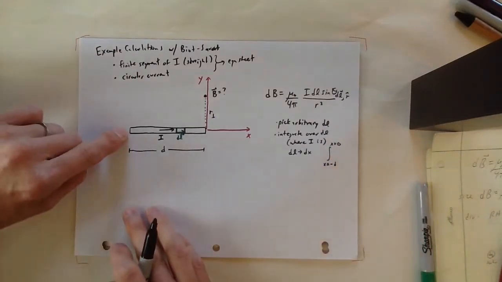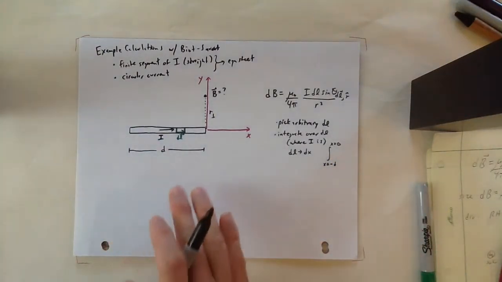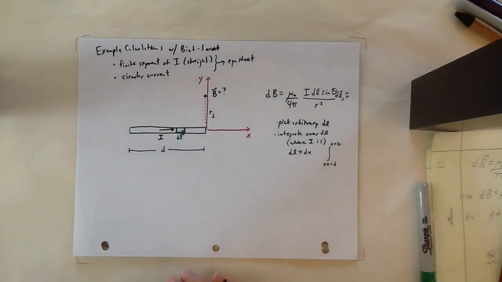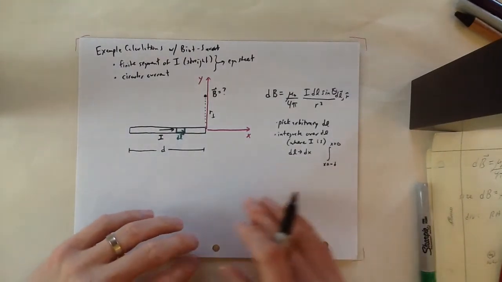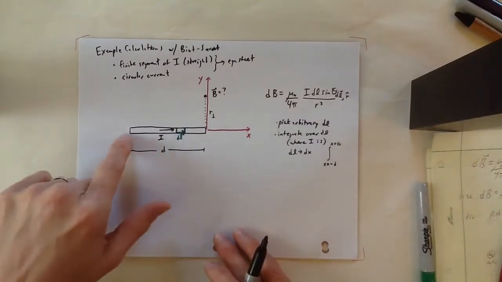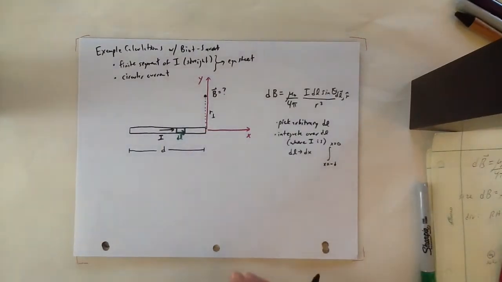So it starts from here, goes to here. You have to integrate in the same direction as the current is actually going. So you may wonder, why did I set my axes so that I have to start at minus d and go to 0? It makes it a little bit easier choice than some others.